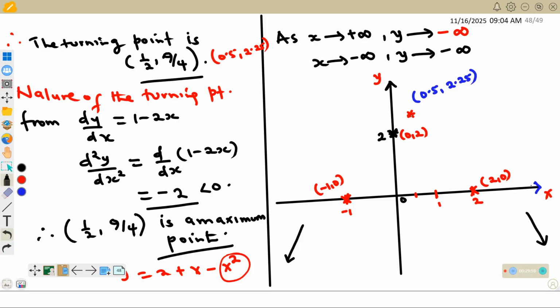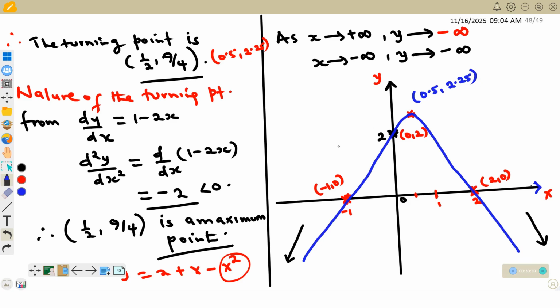This is a maximum point, so our curve should turn from this given point. It passes through this intercept and goes in that direction. It comes like that, passes through this given point and goes in that direction.